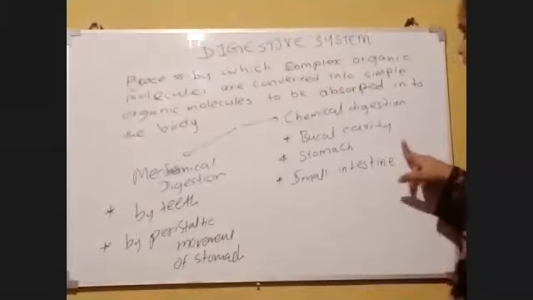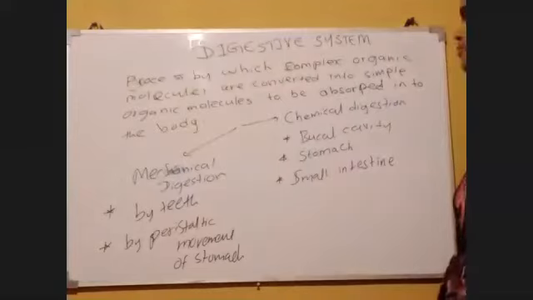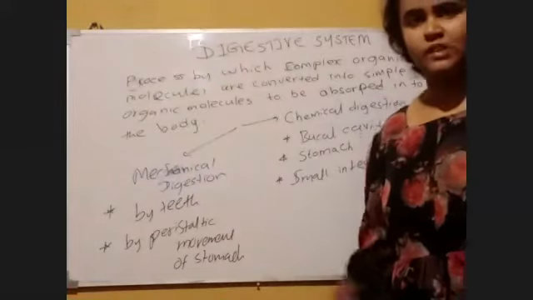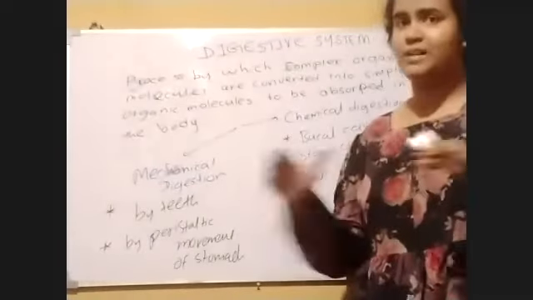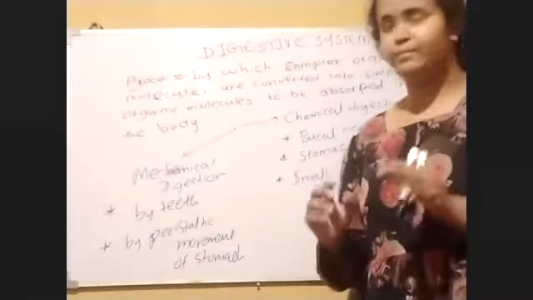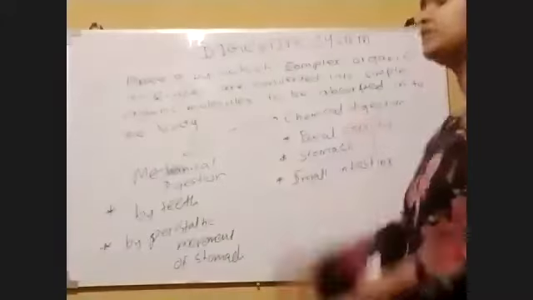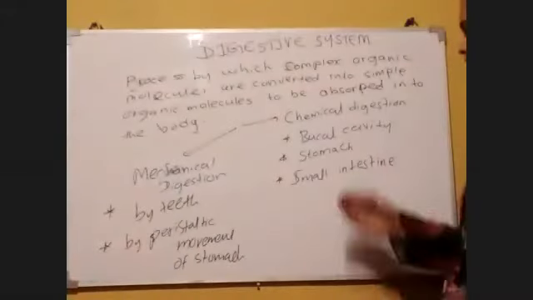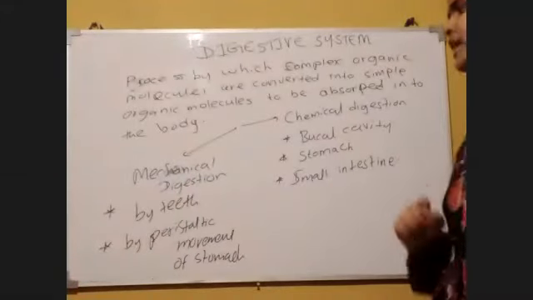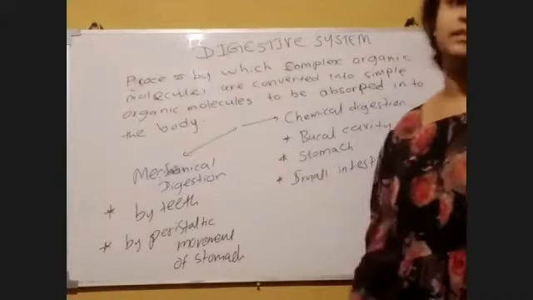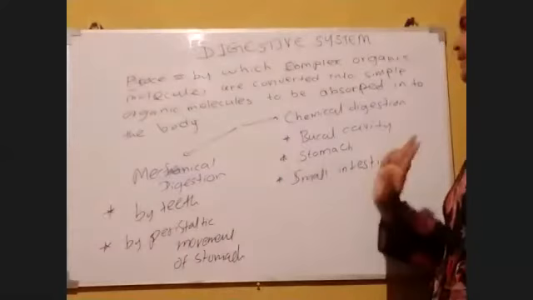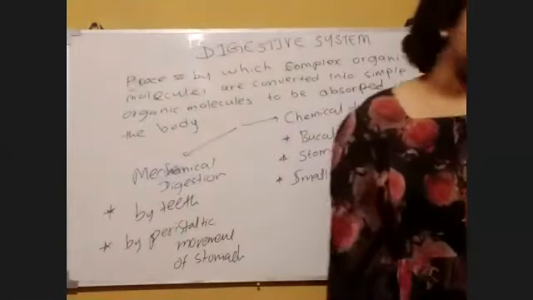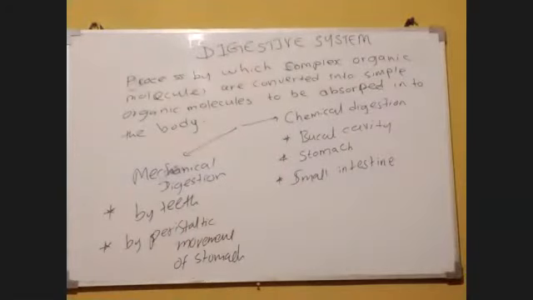And here I'm saying chemical digestion also happens in the stomach. So what is the conclusion? Both mechanical digestion and chemical digestion happen in the stomach. As I know, mechanical digestion is not happening in the small intestine, so only chemical digestion happens in the small intestine.